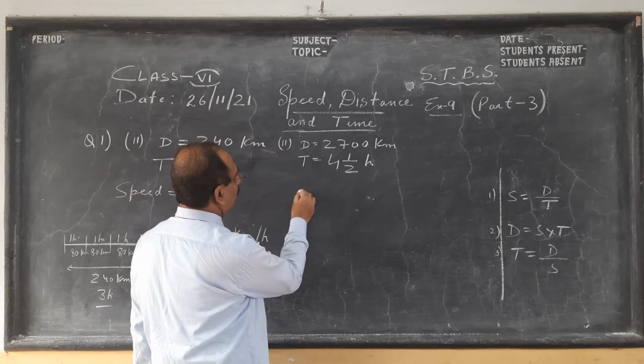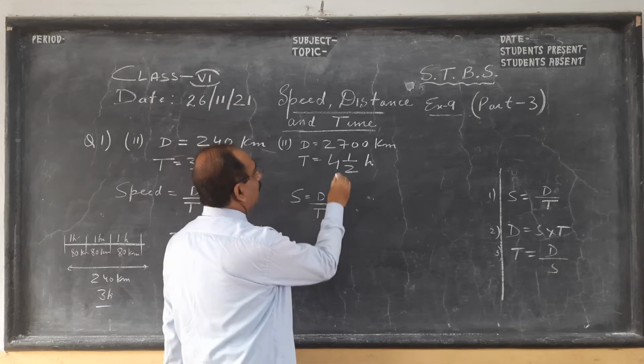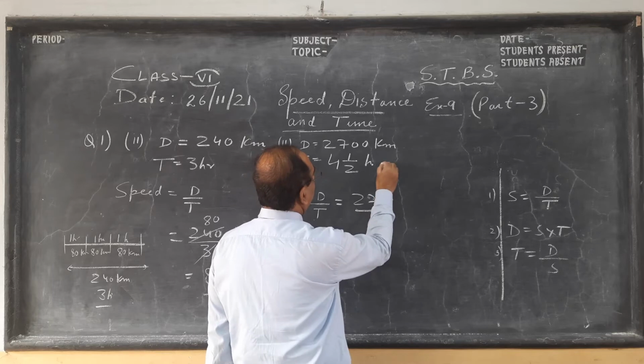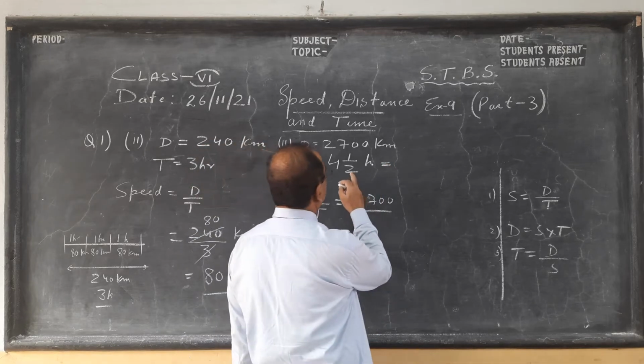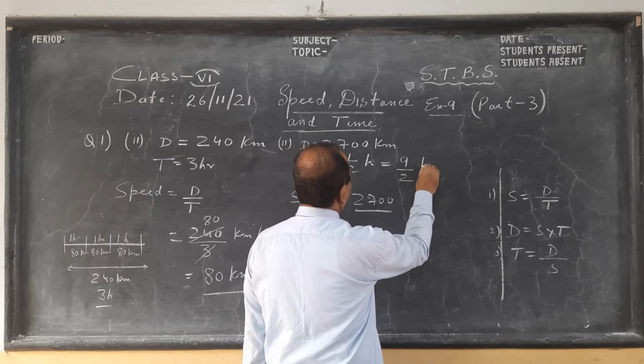Second part we have here also, speed is distance by time. So distance is given in kilometer. Time, children, you always convert a mixed fraction into an improper fraction. 4 2s are 8 plus 1, 9 by 2.